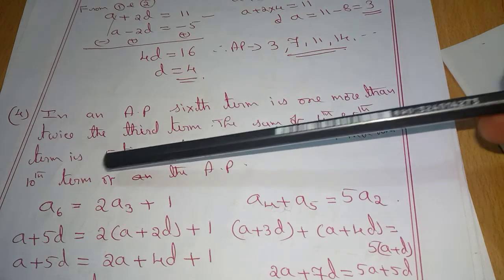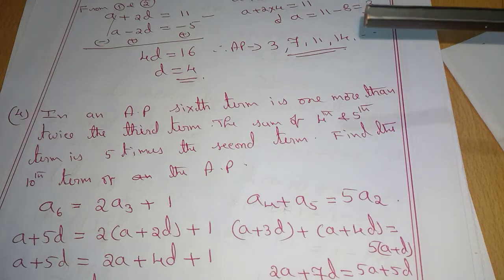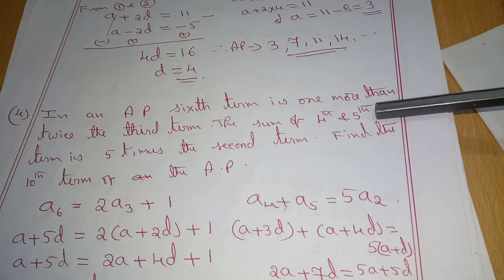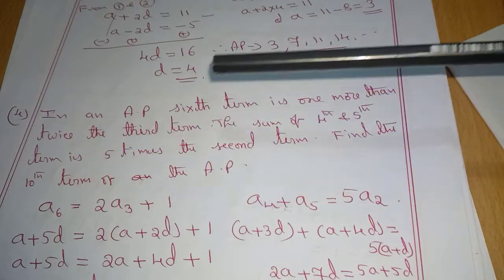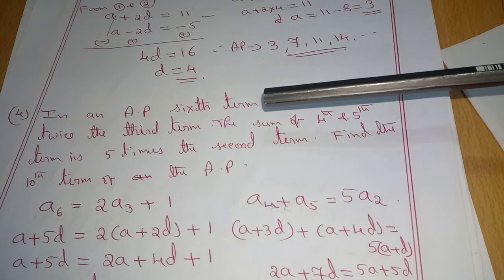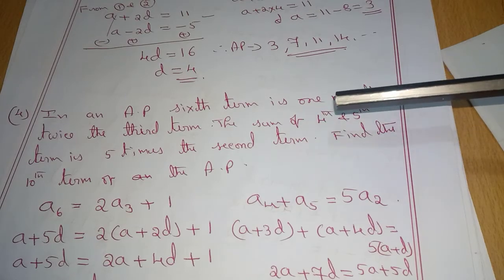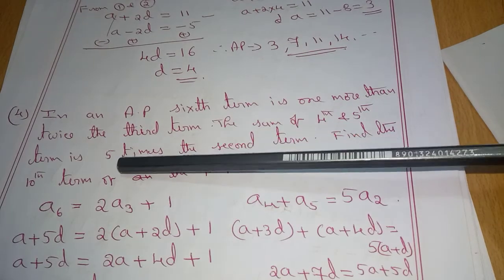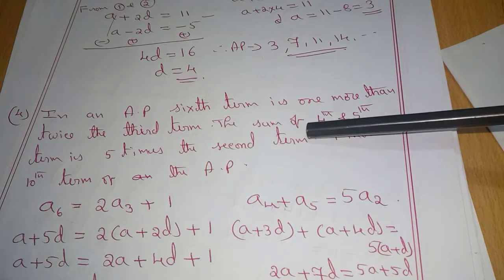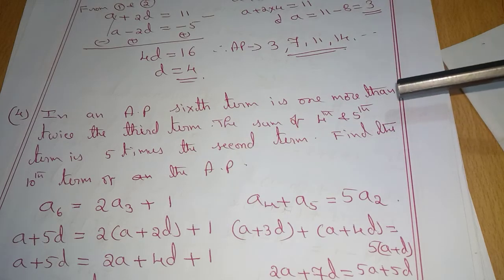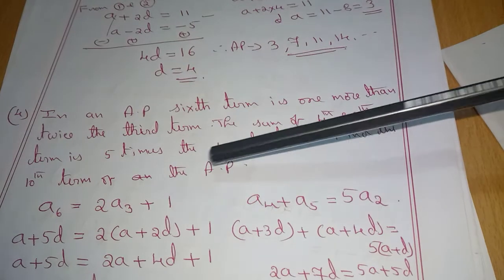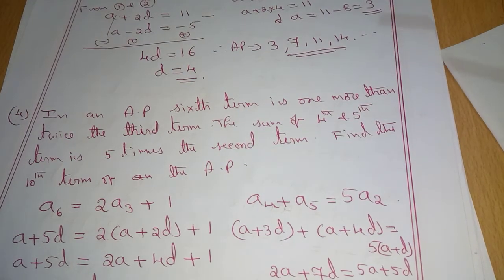The sum of fourth and fifth terms is 5 times the second term. Find the 10th term of AP.